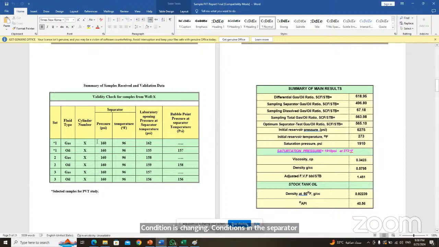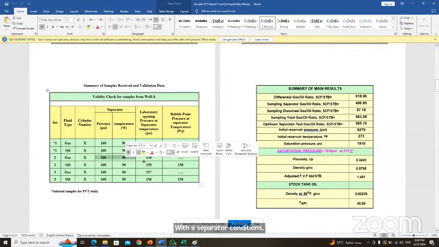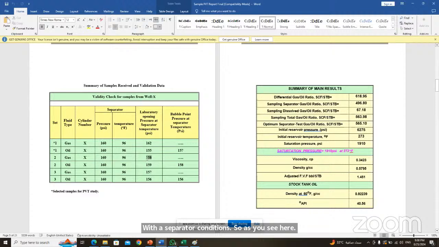So one of the QCs that we do is that we compare, for gas samples, the opening pressure of the bottles of the gas with the separator conditions. As you see here, for the 3 bottles, the pressure is quite close. We have here a separator pressure of 160 psi.